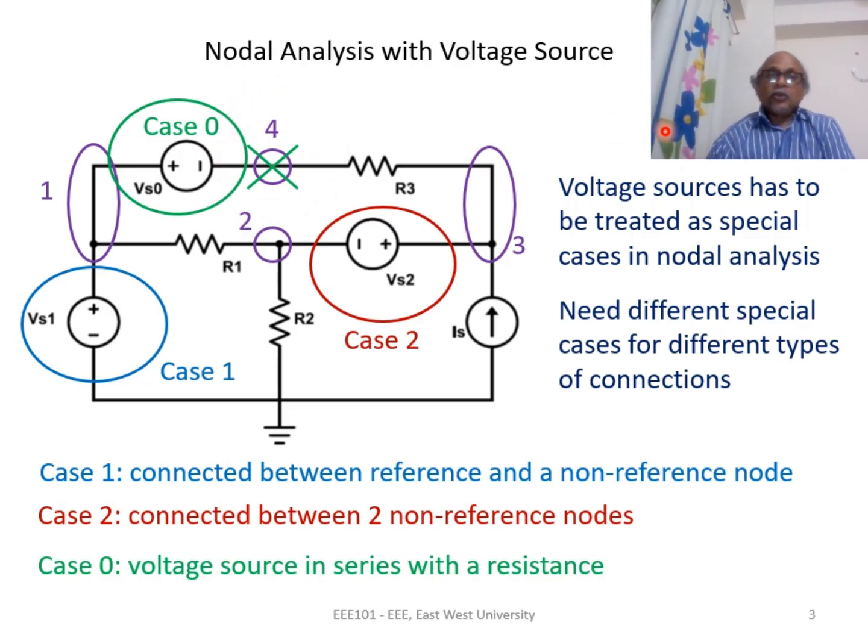The problem with treating Vs0 as case 2 is that then we will be having four non-reference nodes. By treating Vs0 as case 0, we got rid of node 4 and we have only 3 non-reference nodes. So use of case 0 allows us to reduce the number of non-reference nodes and reduce the number of unknown node voltages that we have to solve. This is the advantage of introducing case 0.